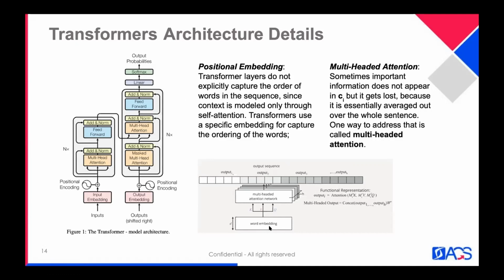So the solution proposed by the authors is to split the input sentence in many pieces, and then apply the attention mechanism to each piece, and then we just concatenate. So we don't average, but we concatenate the final output.